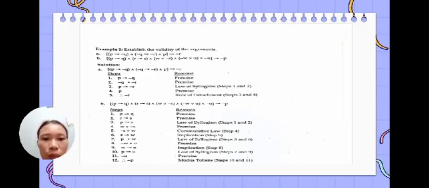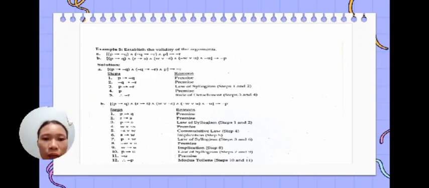Number 3, P then not R, reason: law of syllogism. And step 4, P, reason: premise. And step 5, not R, therefore, rule of detachment.